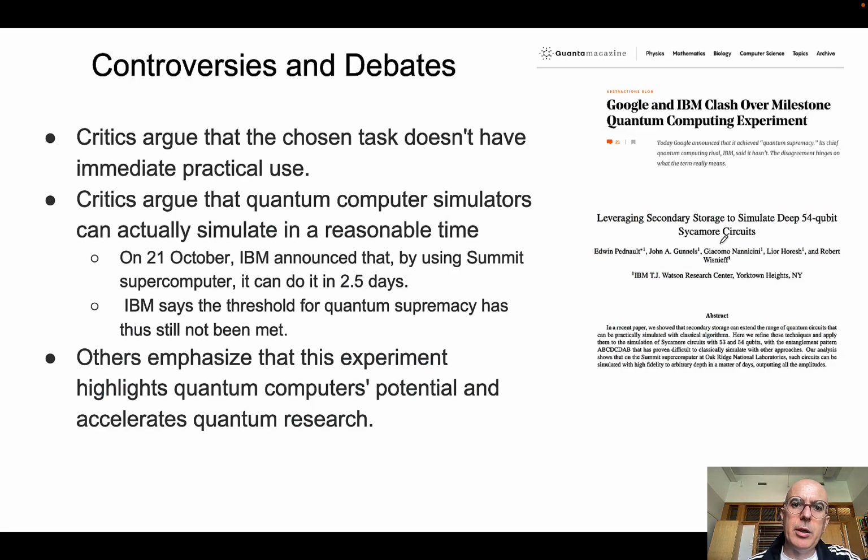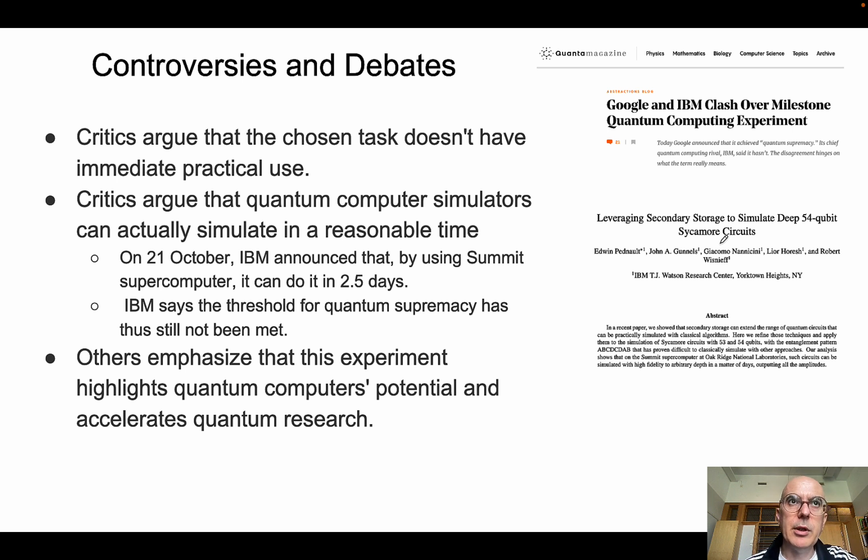The announcement by Google to have achieved quantum supremacy spurred a lot of controversies and debates. One of the major critiques was that the chosen task, this random quantum sampling circuit, does not have an immediate practical usage.